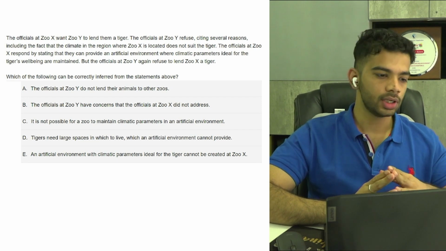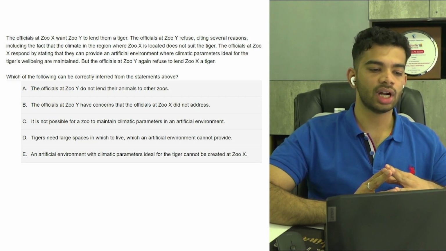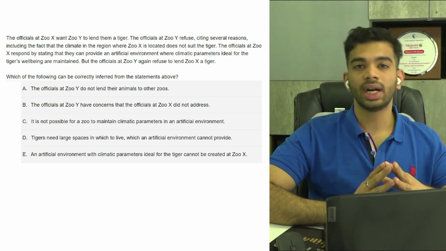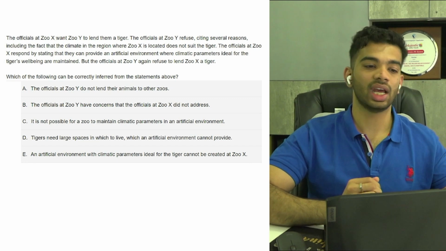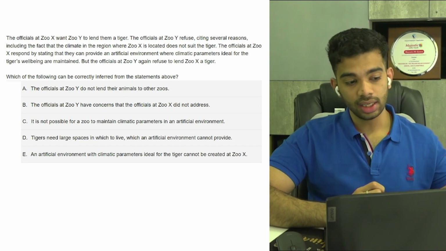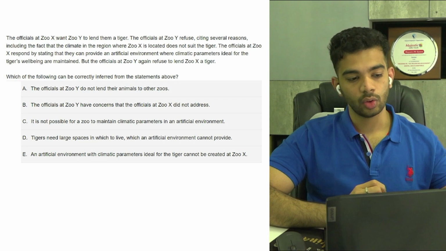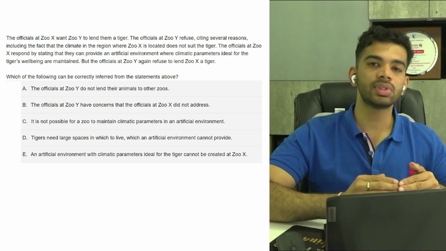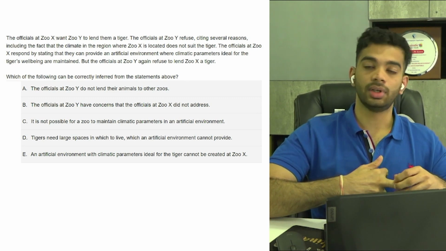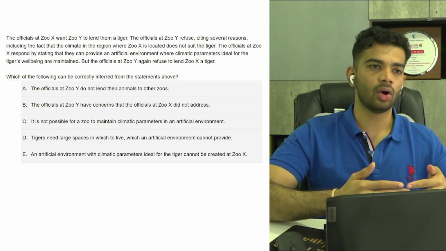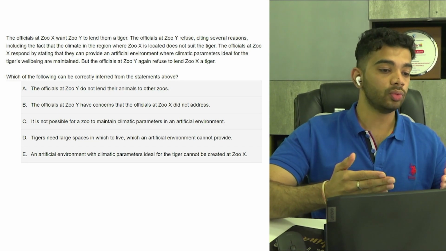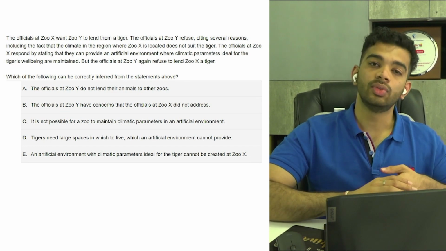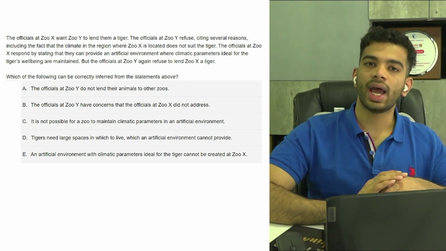Coming on to the fourth option, tigers need large spaces in which to live, which an artificial environment cannot provide. Again, very similar to the third one, there is no direct indication that this is the case, and this cannot be inferred for that exact reason. And E is that an artificial environment with climatic parameters ideal for Tiger X cannot be created at Zoo X. Now, this may seem correct given all the premises that we have been given, that the climatic conditions at Zoo X do not suit it, and maybe that is the reason why Zoo Y has denied the request.